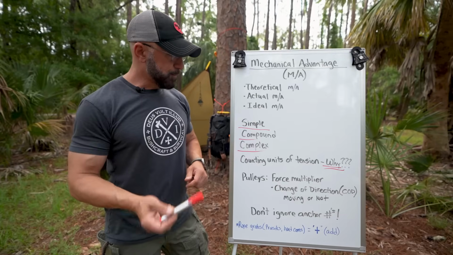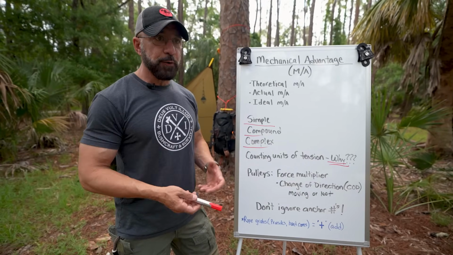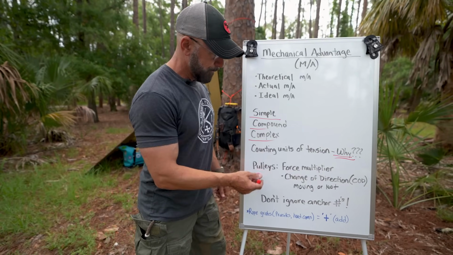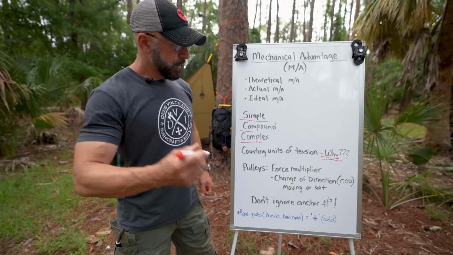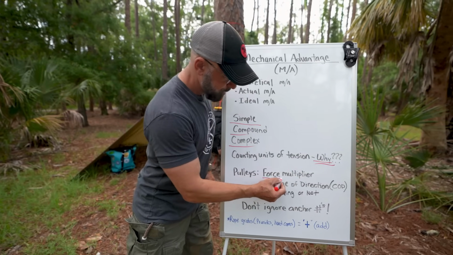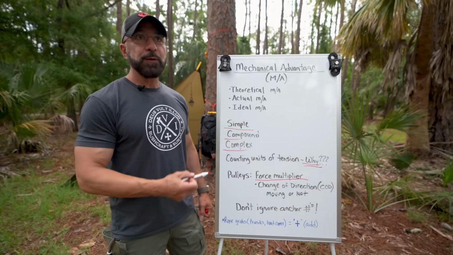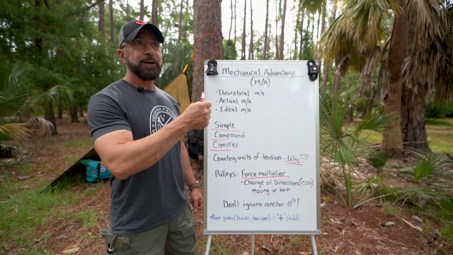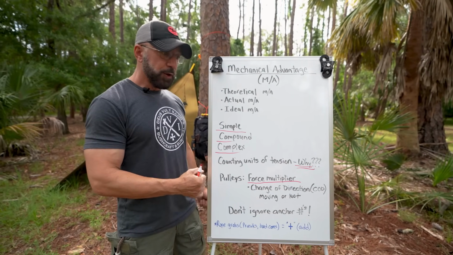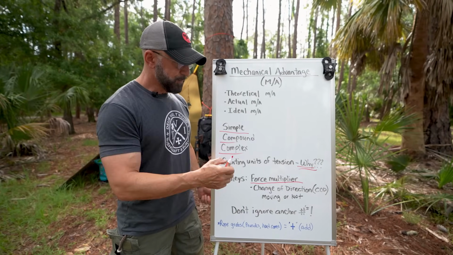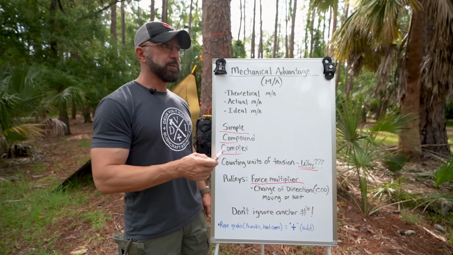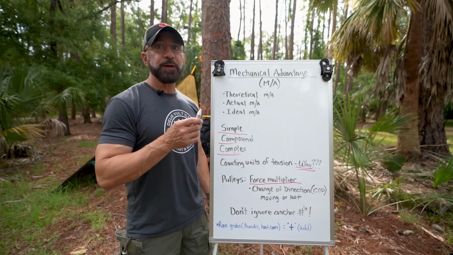All right, so the next component of this outside of ropes is pulleys. Pulleys are a force multiplier. They can count as a change of direction, whether they're fixed to the anchor, fixed on the load, or moving in the system. They are force multipliers, and that is very important to know.